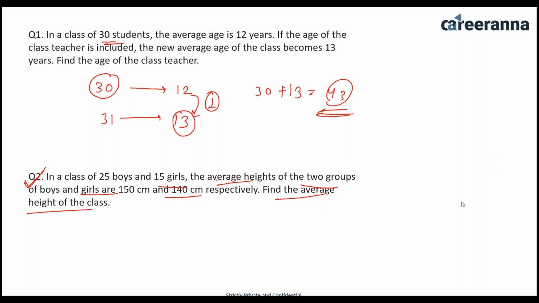Very fast, very fast. Yes, Vikas, what is your question? You can type your question and we'll solve it. Okay, your answer is 146.25. Let us check. How do you guys solve it?